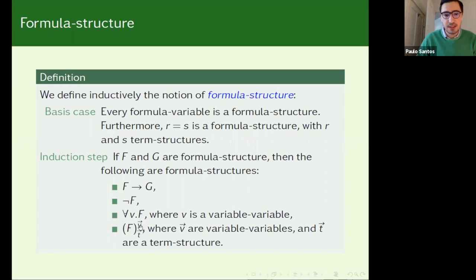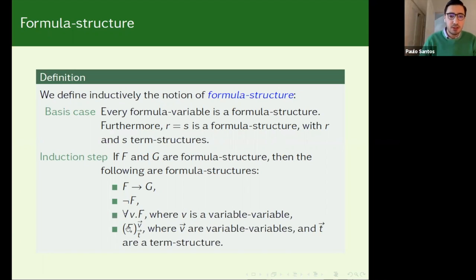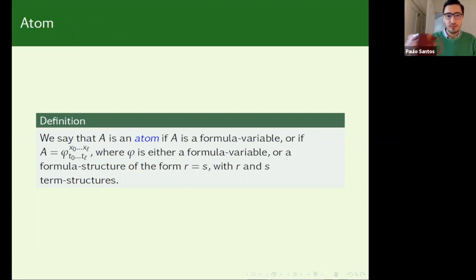So this is an array of symbols that we are going to consider, but we implicitly are going to consider operations in them in the sense of first order logic. We say that A is an atom if A is either a formula variable or a substitution in a formula variable, or even an equality between term structures. So in a sense, this is a generalization of the basis case from before.